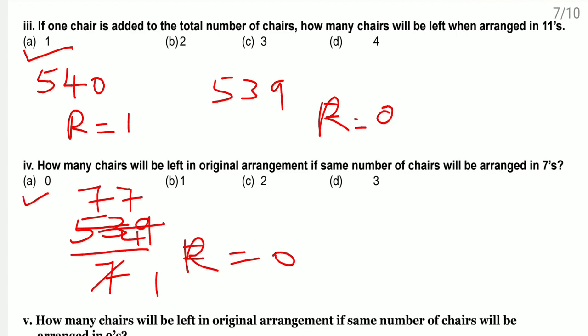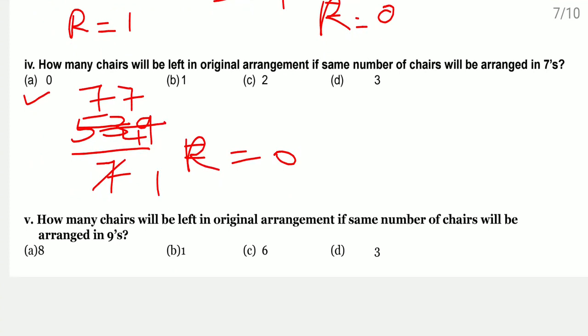Come to the next question now. They are saying how many chairs will be left in the original arrangement if the same number of chairs are arranged in 9s. 539 chairs are there, and how many will remain when we arrange them in groups of 9?